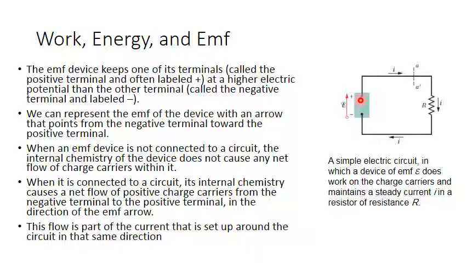Then they will accumulate more and more, so they will pass through the conducting wire to the resistor, and then will go from the resistor back to the negative side once again, and this will continue.